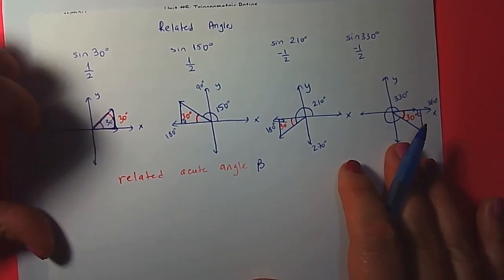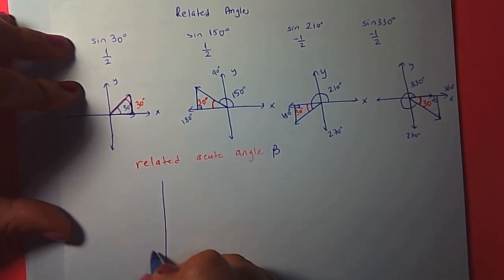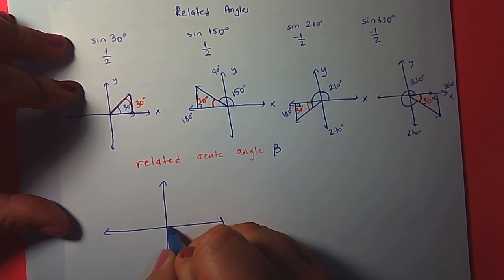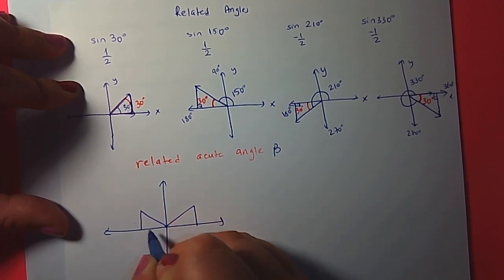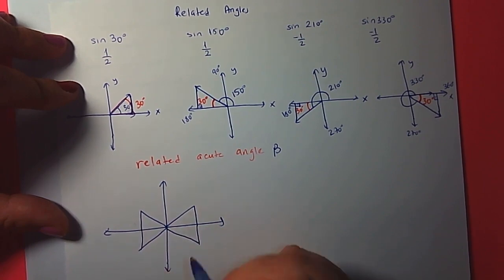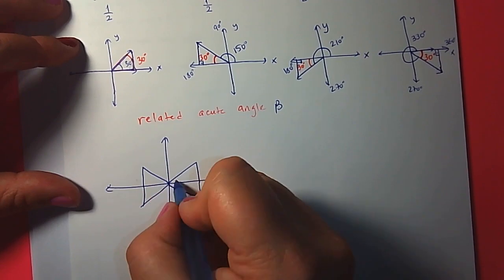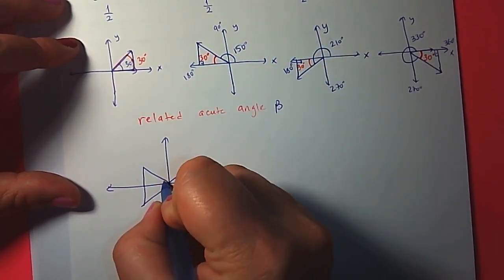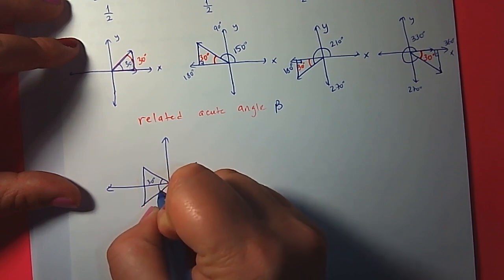So if I put all those 4 triangles together in the same Cartesian plane, from the first quadrant I get this, second quadrant I get this, third quadrant I will get this, and fourth quadrant I will get this. And all of them for the specific angle will have related angle 30 degree.